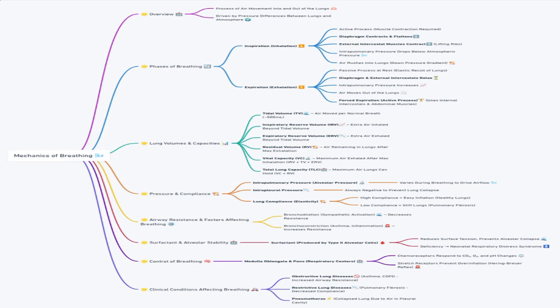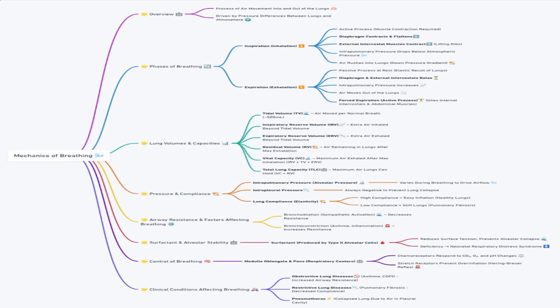And let's think of some cases. Negative pressure ventilation was used for polio patients, but is rarely used today except in maybe some specific neuromuscular conditions. But positive pressure ventilation is commonly used in the ICU for respiratory failure, anesthesia and mechanical ventilation support.